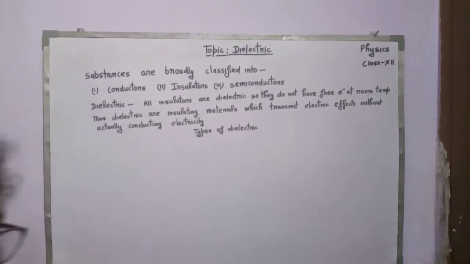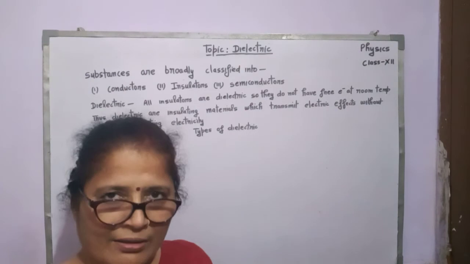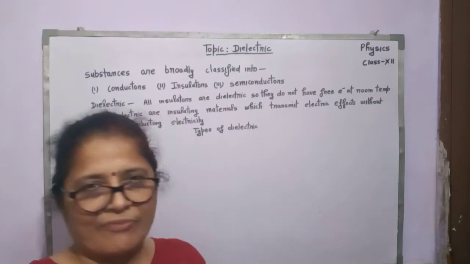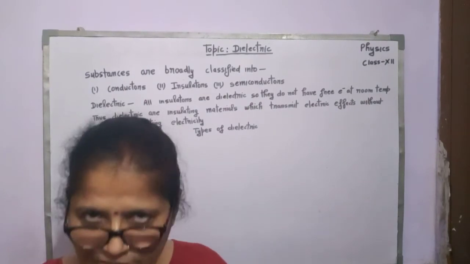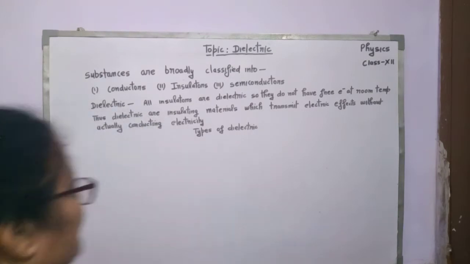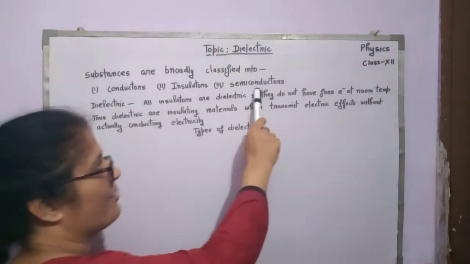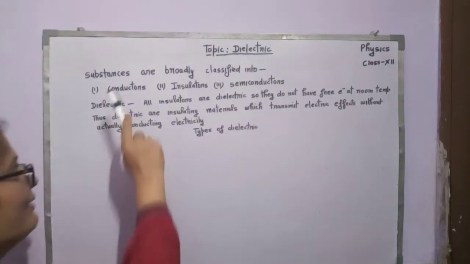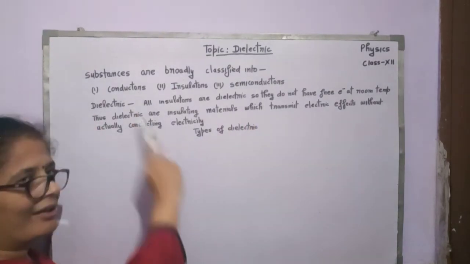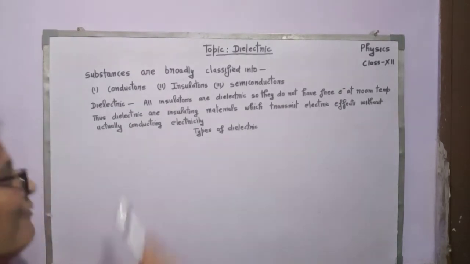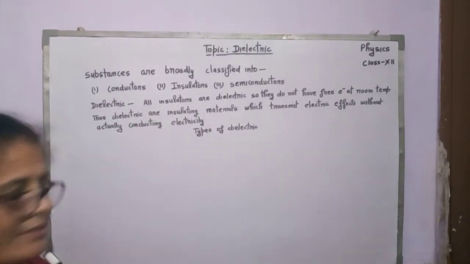Before dielectric, all of you know that substances can be classified into three categories. The first one is conductors, the second one is insulators, and the third one is semiconductors. Conductors are those whose conductivity is very high. They have a large number of free electrons.